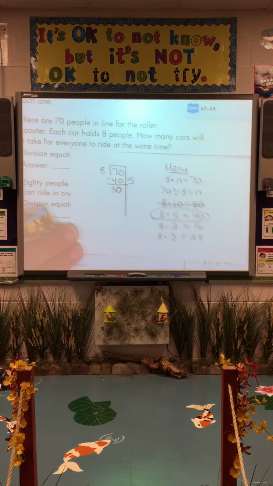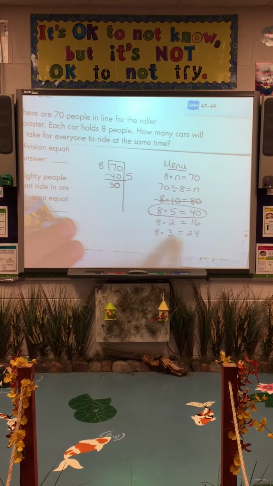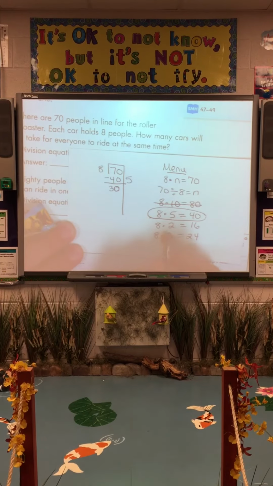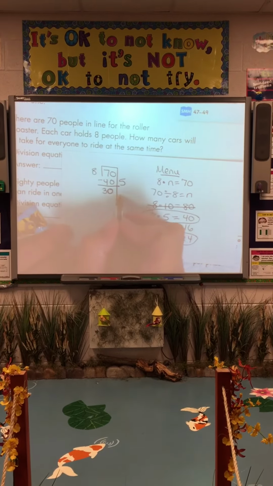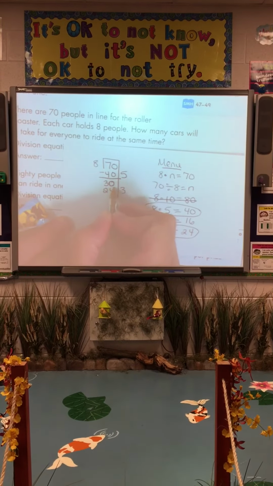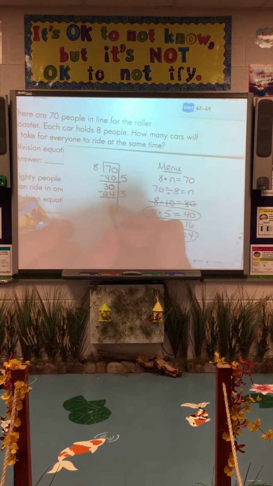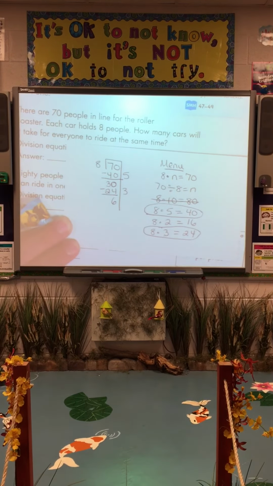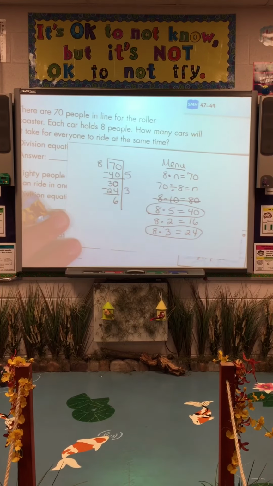Okay, I come back to my menu, and I'm looking, 8 times 3 is 24, so I can use that. I'm going to take out 3 more groups of 8. 3 times 8 is 24, so I subtract 24. I have 6 left. I can't get 8 from that 6.